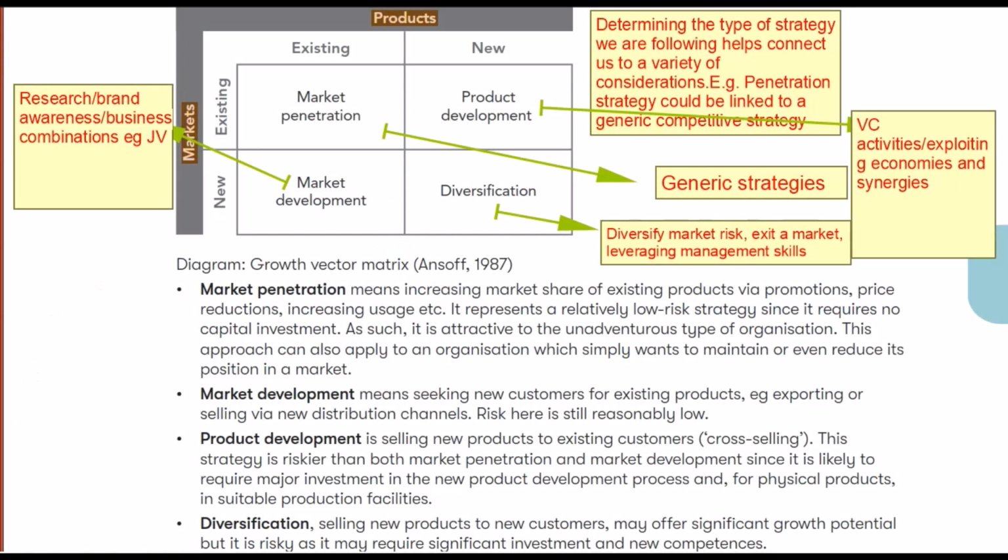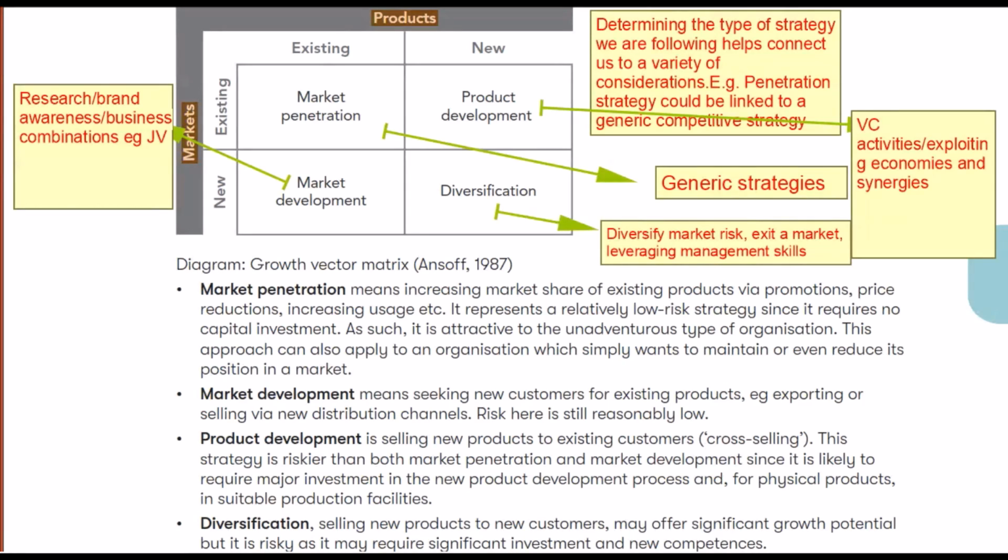This is what Ansoff's matrix looks like. On the horizontal axis, it has products, and on the vertical axis, it has markets. So it's using those two criteria to identify the type of strategy that the organization is thinking of implementing.